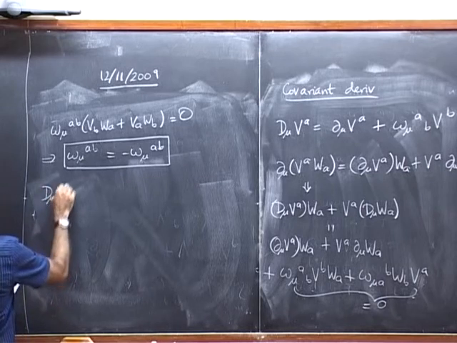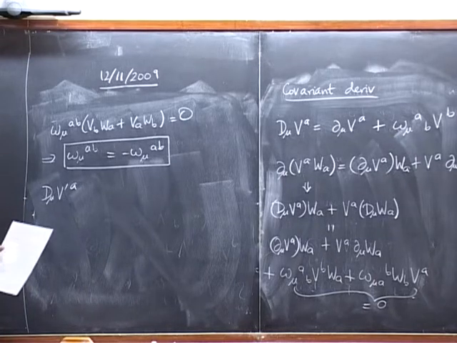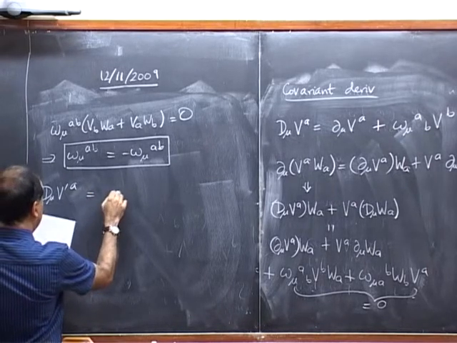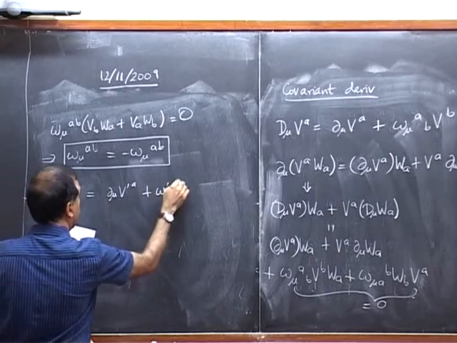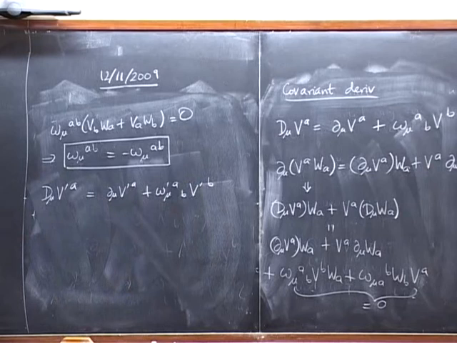So let's look at D mu b prime a, where b prime a is an LLT transformation on b. Okay. So first of all, this is equal to d mu b prime a plus omega prime mu a b b prime b, where omega prime is the new omega after the LLT transformation.